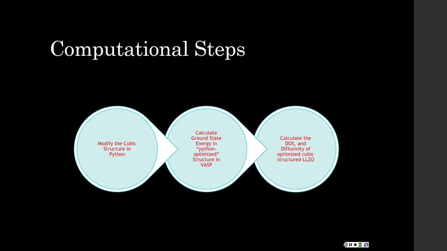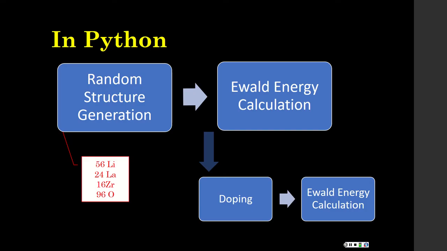Then I have calculated the Ewald energy for each of the structures and sorted them. Out of 10,000, I have taken 5 or 10 structures having the minimum Ewald energy, and then done the geometry optimization in VASP so that I can get the minimum ground state energy for that stable cubic structure.